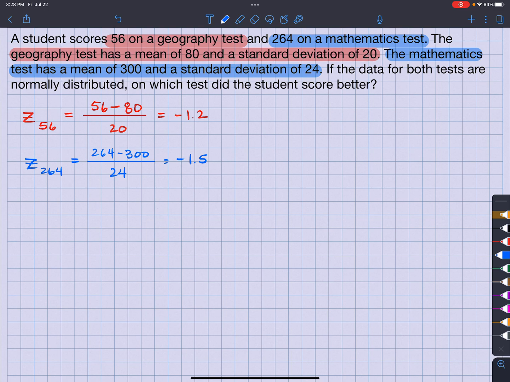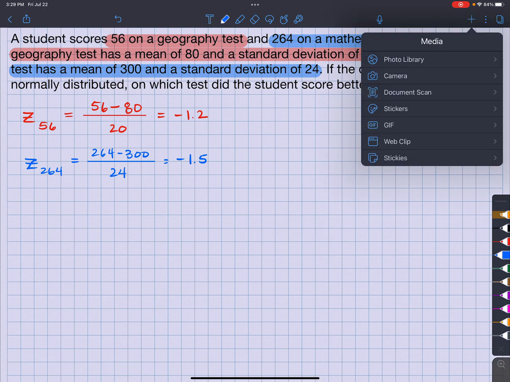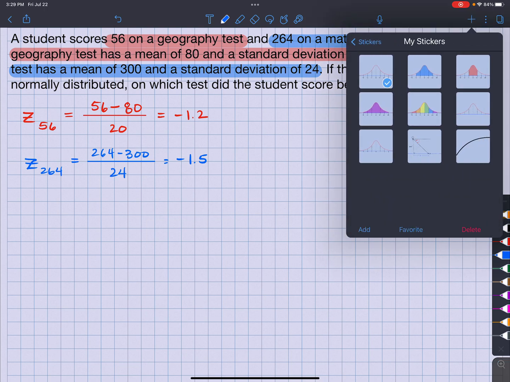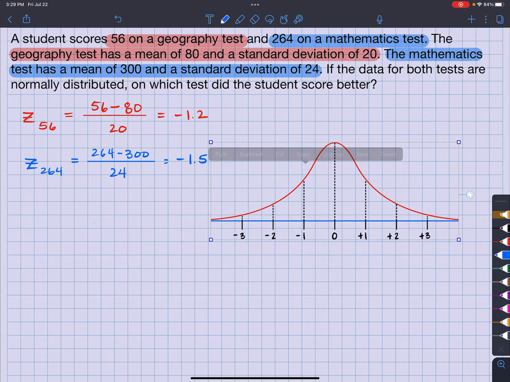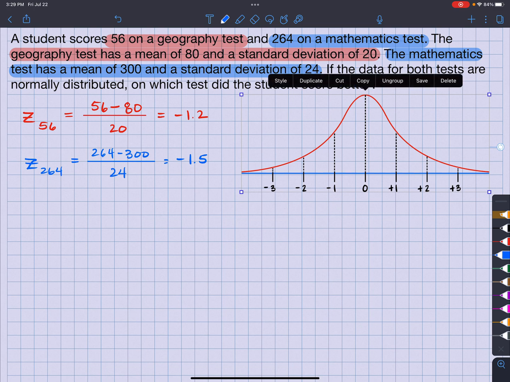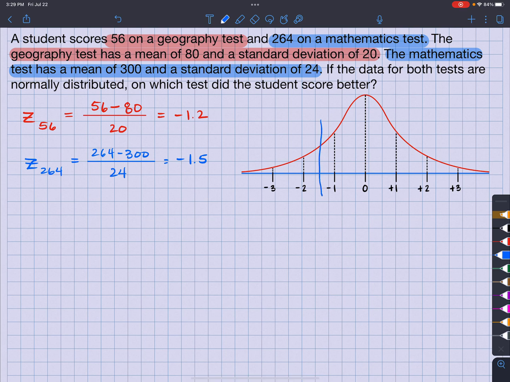So if we were to look at a normal distribution curve, what we see is that negative 1.5 is somewhere here.